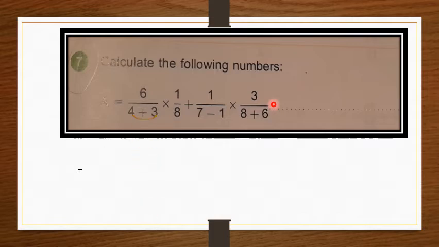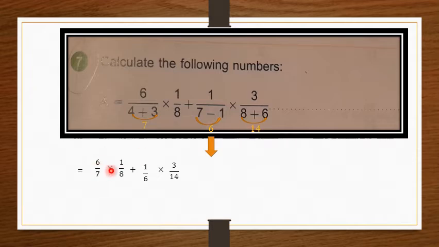So 4 plus 3 is 7, it's 6 over 7. 7 minus 1 is 6. 8 plus 6 equals 14. So on the line, I have to write them properly. Here we have 6 over 7 times 1 over 8 plus 1 over 6 times 3 over 14.